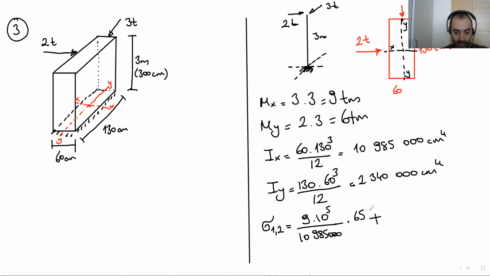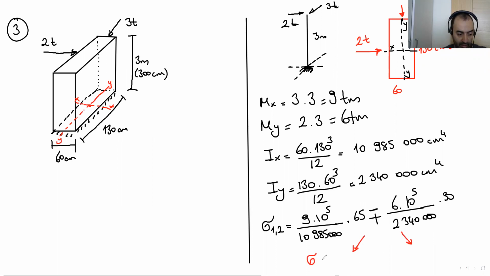And plus minus, we have 6 ton meter, power 5 kilogram centimeter, over 2 million, again this one, times half of this total distance, which is 30. So if we calculate sigma 1 and sigma 2, we are going to see 2 numbers here.